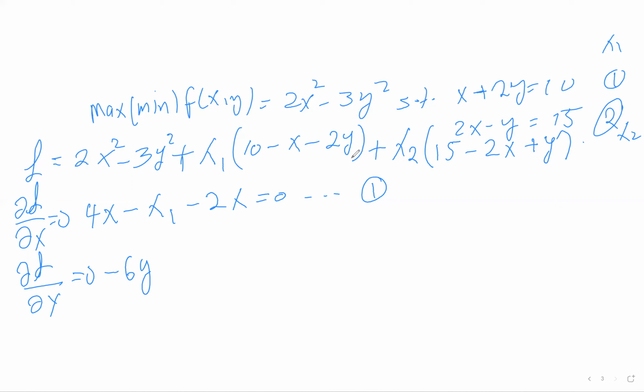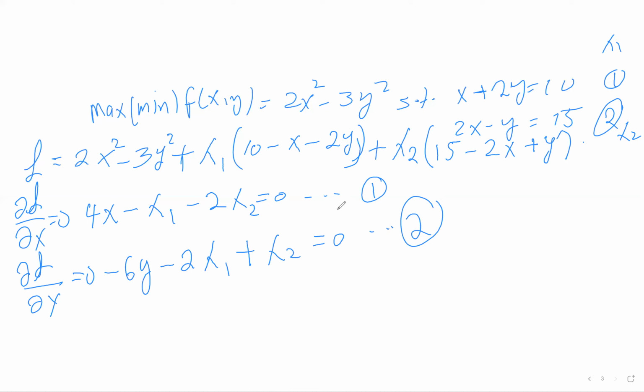So the derivative of minus 2y is minus 2 multiplied by lambda, that becomes minus 2 lambda 1. I forgot here to put lambda 2. It's very important. And right here is positive. The derivative of plus y is 1, multiplied by lambda 2 becomes plus lambda 2, and that is equal to 0. And that's our equation number 2.